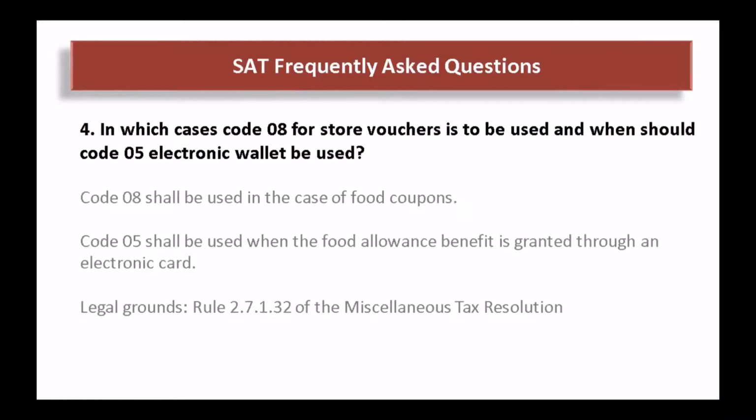If we express method of payment 08, the authorities will immediately know that it's a non-deductible item and may claim that in a further review. So, for consideration, when you are making a CFDI payroll receipt and you are giving food coupons to your employees through an electronic card, we should use Code 05 for electronic wallet.